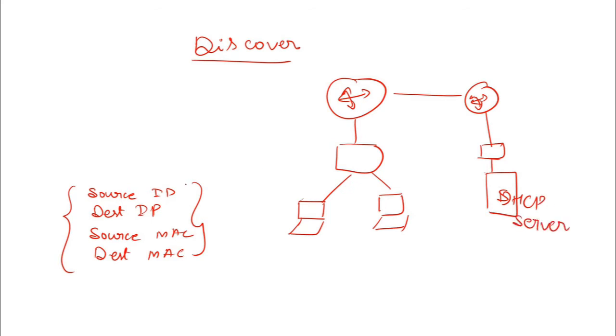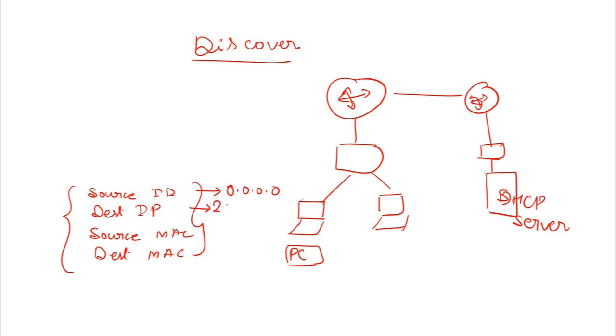Whenever this PC is requesting that discover message, it is the PC which is trying to discover the DHCP server. So it sets its own IP address as 0.0.0.0, and for the destination IP address, it does not know where the DHCP server is or what its IP address is.